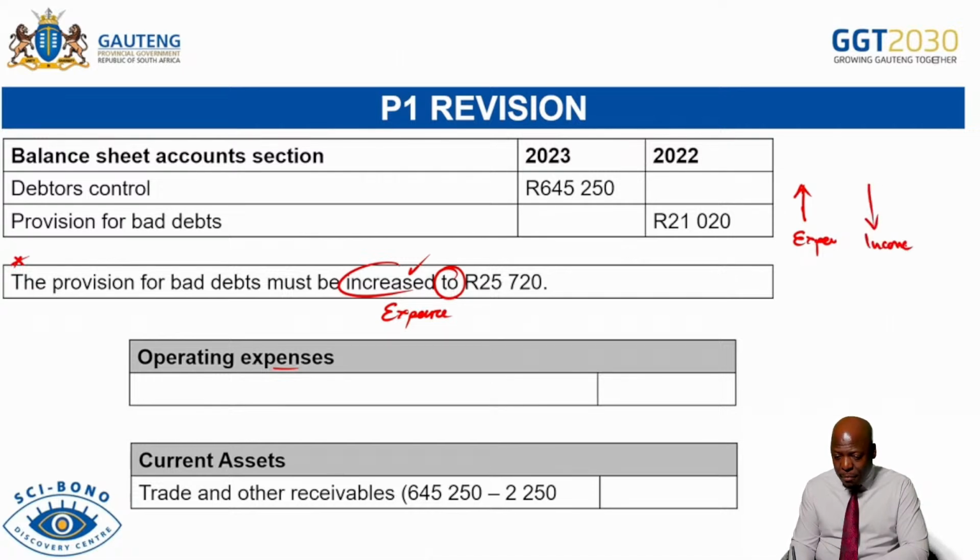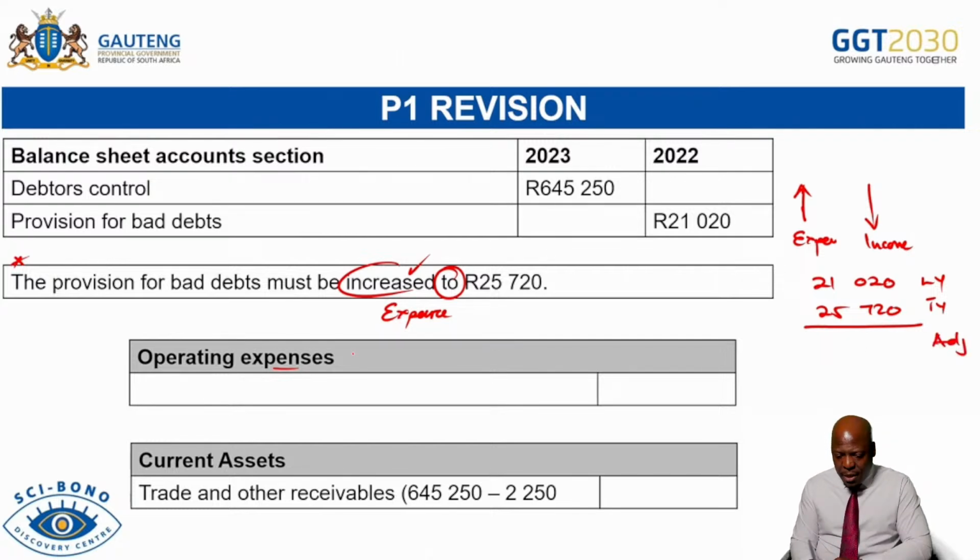All right. So we will now say, how much was it before? It was 21,020. And now it is increased to 25,720. So I would say last year and this year. So the difference between them is the adjustment now.